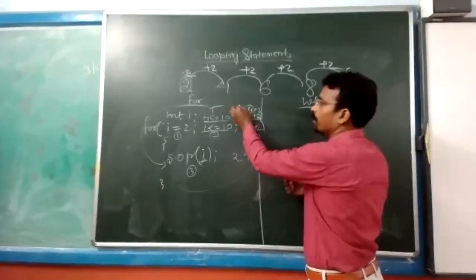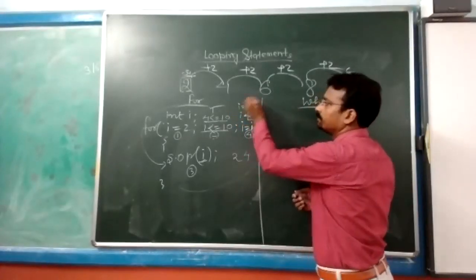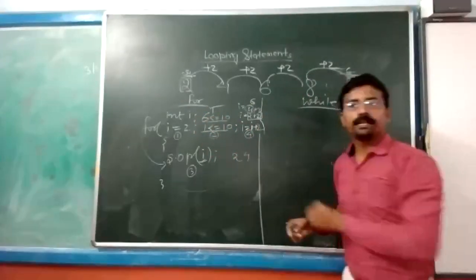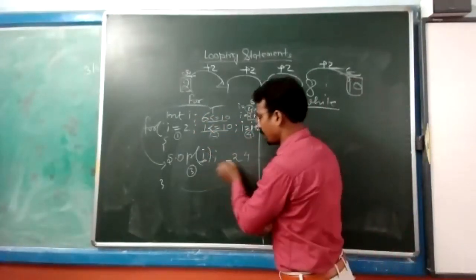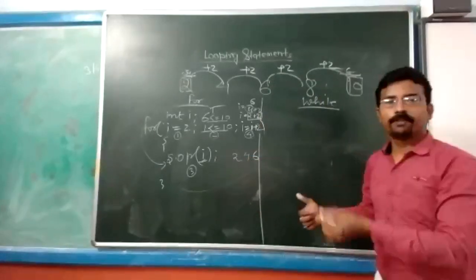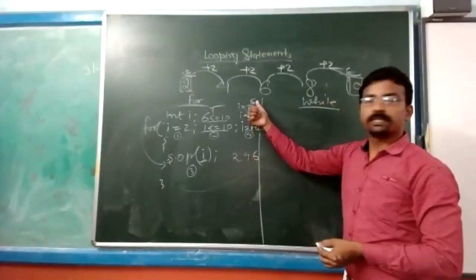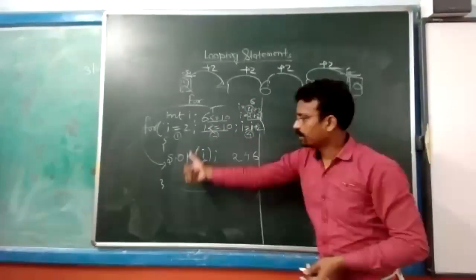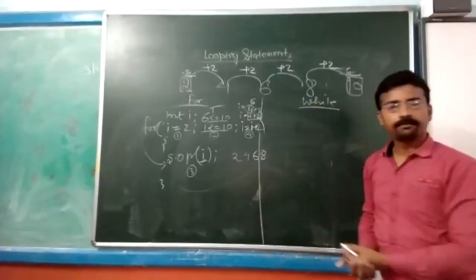And this is becoming now 6. Now 6 is transferred here. 6 is less than 10, condition true, coming here again, printing 6. After that, go back for updation. 6 plus 2, 8. 8 is less than 10, yes, comes here, 8 is printed.